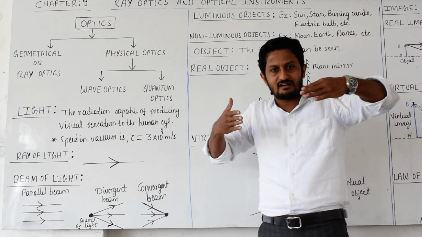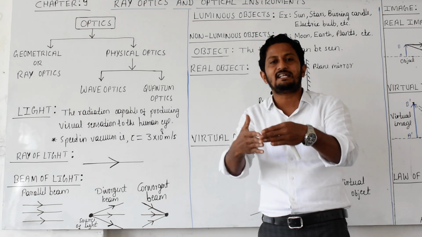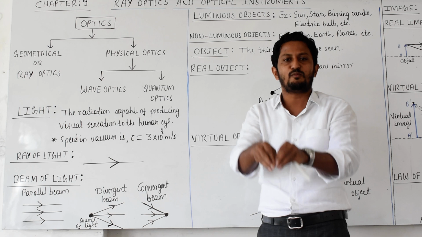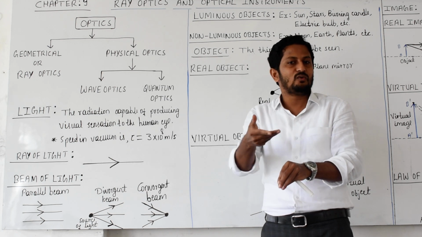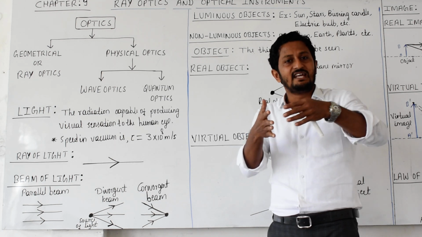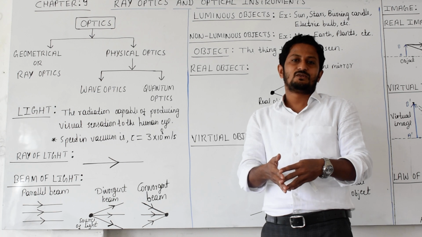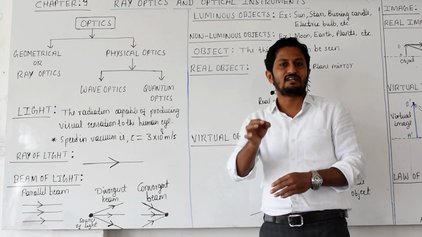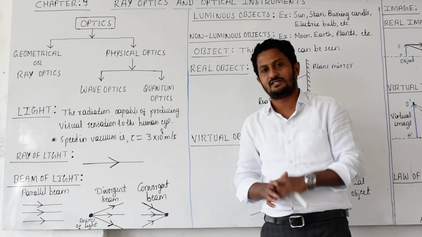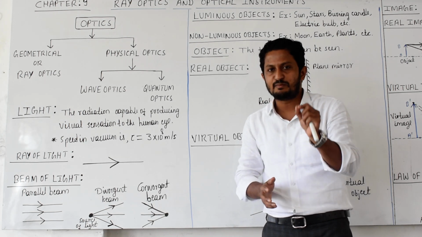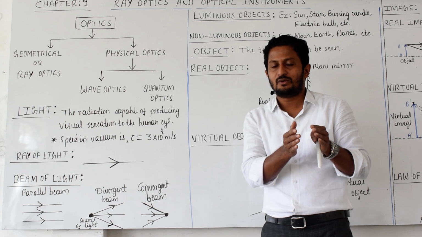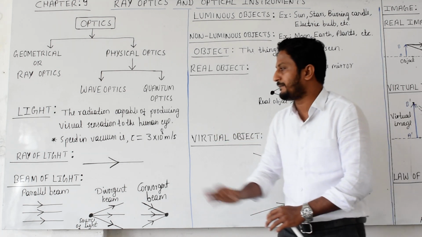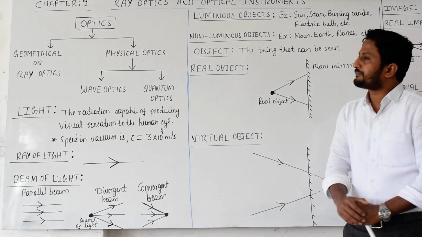If light rays are gathering, if light rays are going to meet somewhere, they converge. So you call it a convergent beam of light or converging beam of light. Have you understood? Beam means a group or collection of light rays. This is about the beam of light.